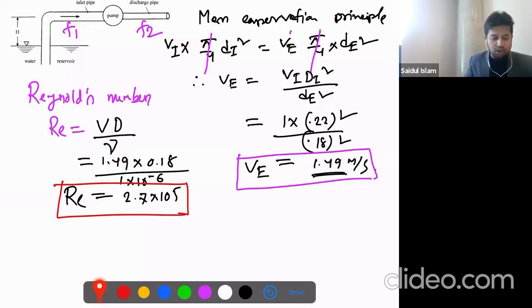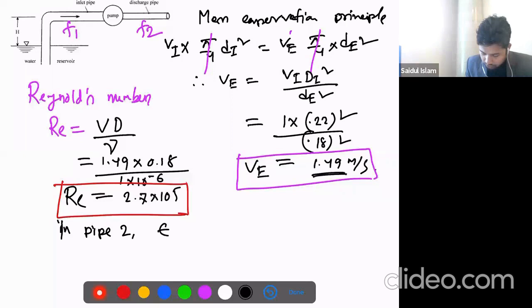Now for pipe 2, the discharge pipe, epsilon 2 over its diameter is 0.26 over 180. We converted it into millimeters: it is 0.18 meter, so now 180 millimeters.